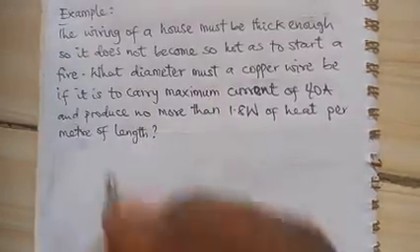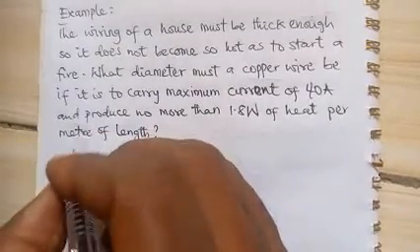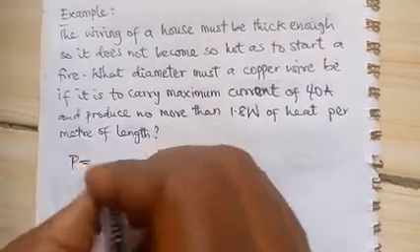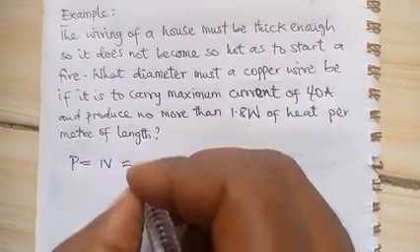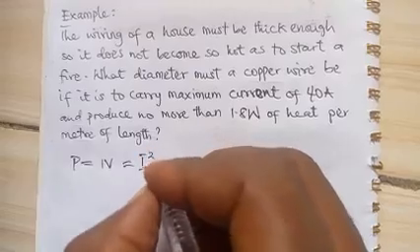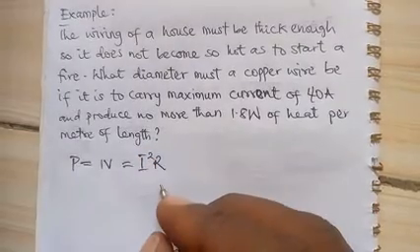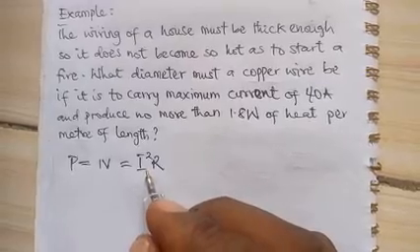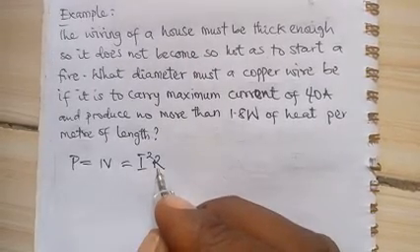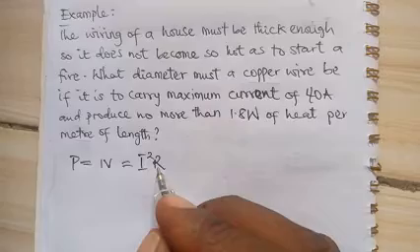Now, we have that power is equal to IV, and we also have that it is equal to I squared R. We've already seen that. This is what we can use to solve because it shows us that R is involved.